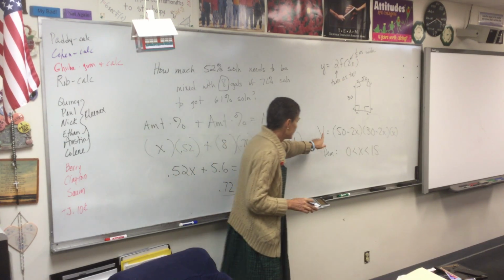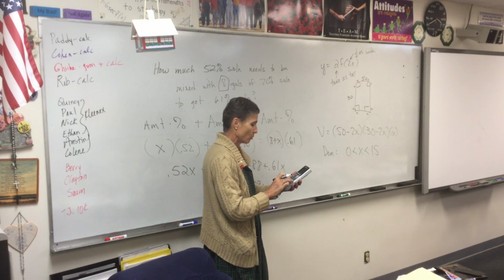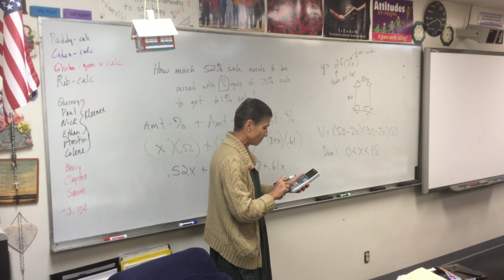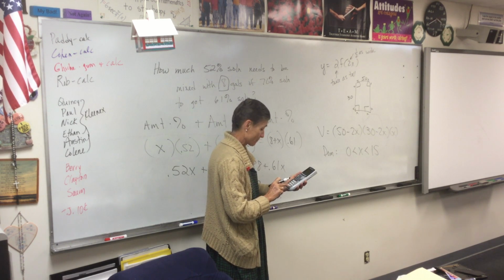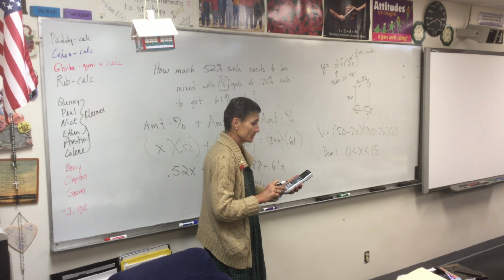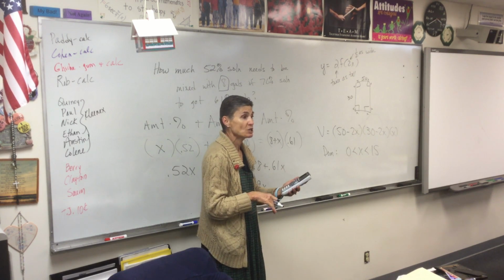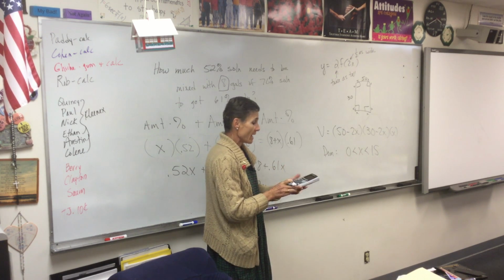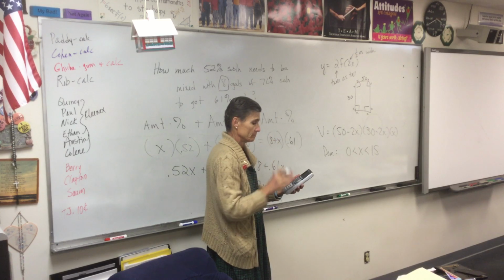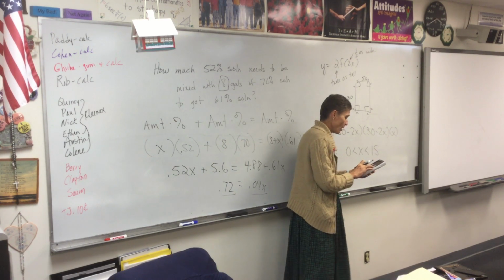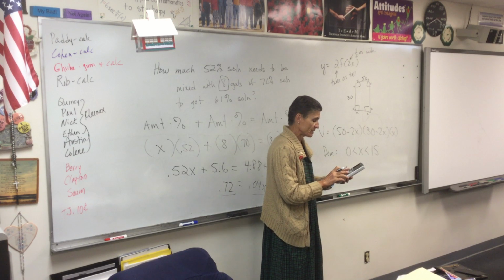First, put this equation in, y equals. You've already got an equation in there, you're gonna have to put in this one. All right, so I got the equation in. Then go to window. X min is 0, X max is 15.